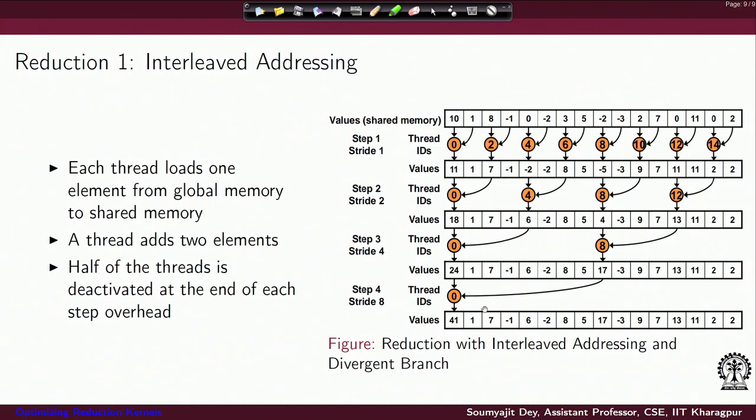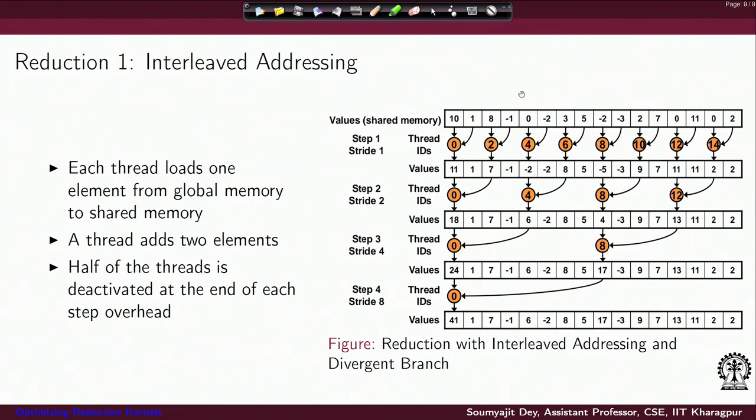We are doing it in the shared memory, assuming that threads have done a per thread data load into the shared memory, right? So this is the first job. Each thread loads one element from global memory to shared memory, and then I will actually engage half of the threads to perform the first level of addition. A thread adds 2 elements, and half of the threads are actually deactivated after the initial load because they don't have anything to do, because one thread can add 2 elements.